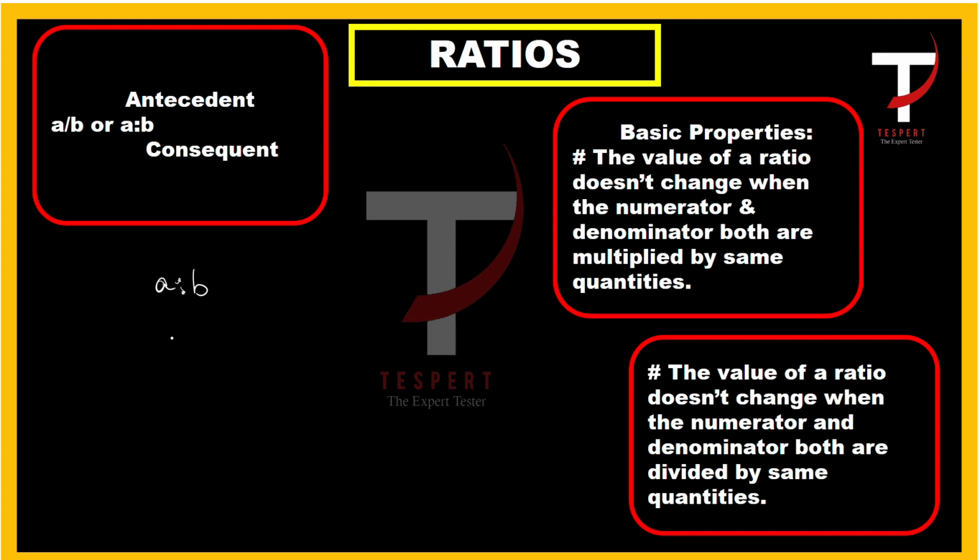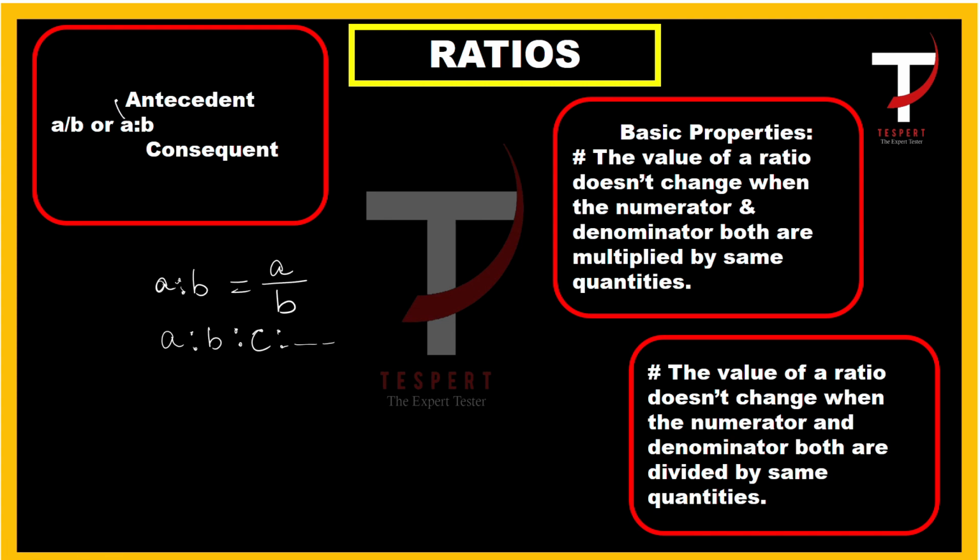What if we compare three or more quantities? We will express it like this: A is to B is to C and so on. A is to B can also be written as A by B.